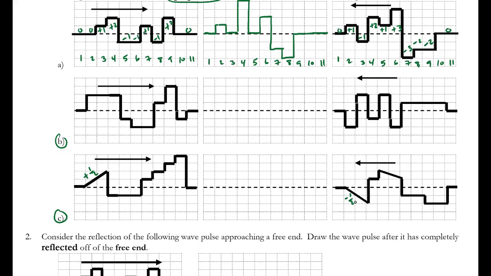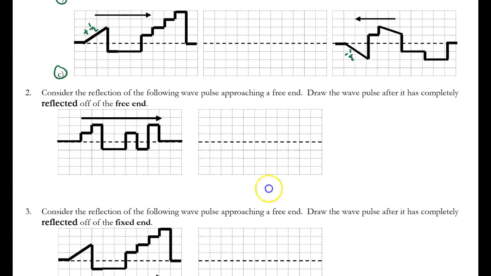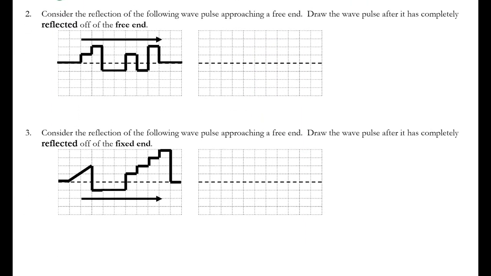Okay, so that's waves combining on top of each other. Number 2 is about wave reflection. And the thing to pay attention to here is whether you're reflecting off of a free end or a fixed end. Pay attention to the direction of the wave travel. So the wave is going to the right when it reflects off of an end.